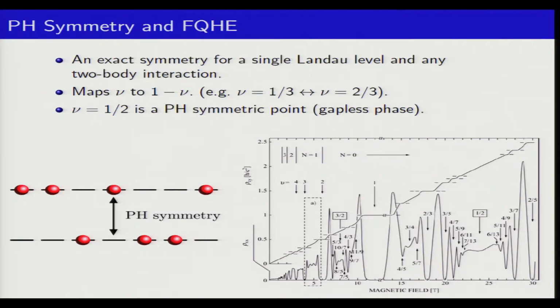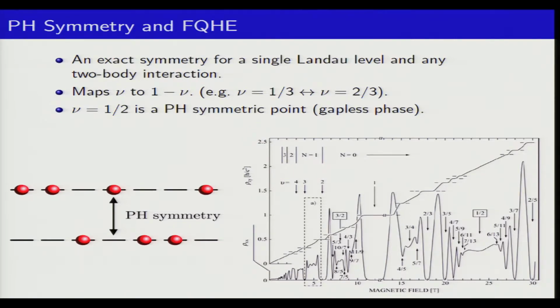Right now we're dealing with spinless fermions. It's an exact symmetry for a single Landau level, as soon as you only consider 2-body interactions. If you take your Hamiltonian for the 2-body interaction projected onto, let's say, the lowest Landau level, and you compute its particle-hole conjugate, you get exactly the same spectrum up to some energy shift.